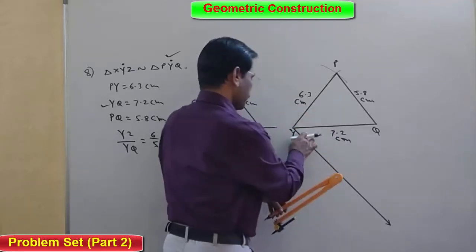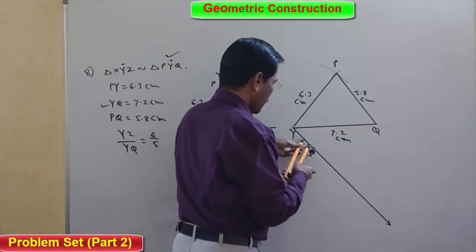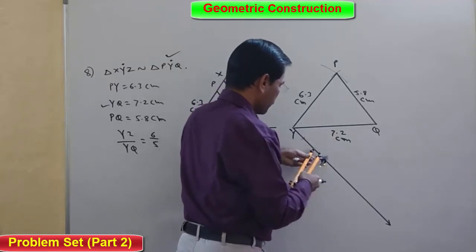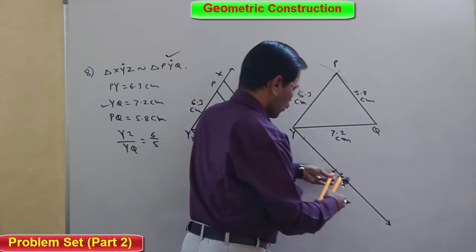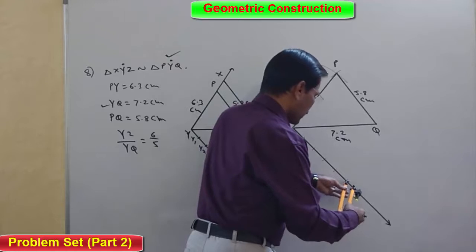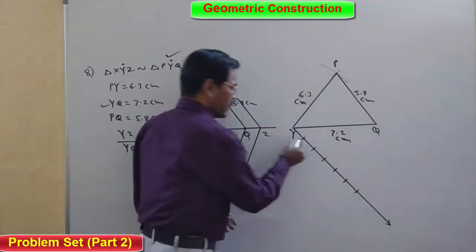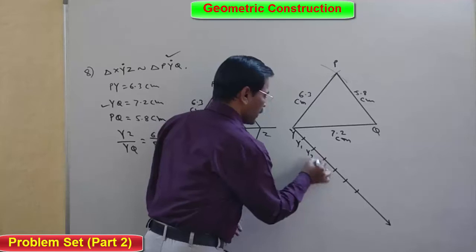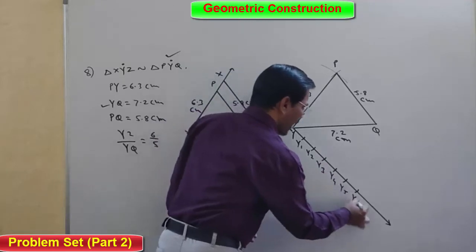First one, second, third, fourth, and then 5th. I'll draw the 6th one also. Okay. So I'll write the names here Y1, Y2, Y3, Y4, Y5 and Y6.